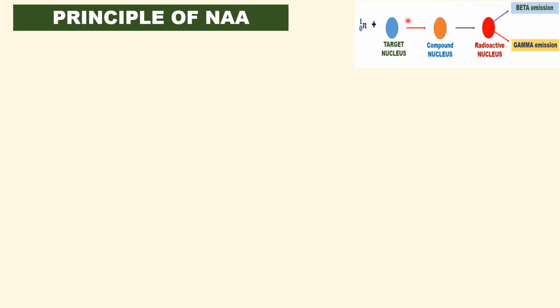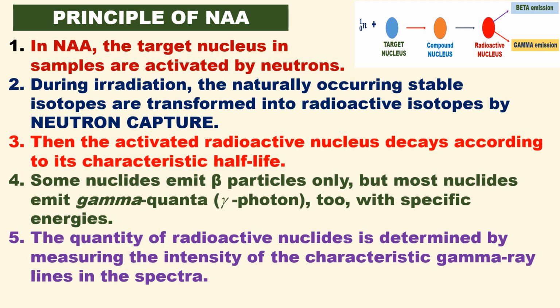This is the schematic of neutron activation analysis. In NAA, the target nucleus is bombarded with neutrons. During irradiation, the naturally occurring isotopes are transformed into radioactive nuclei by means of neutron capture.